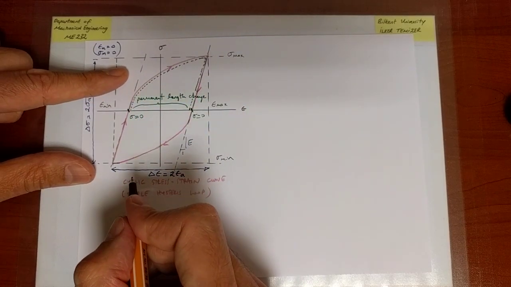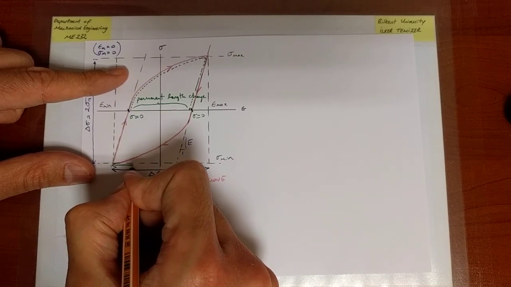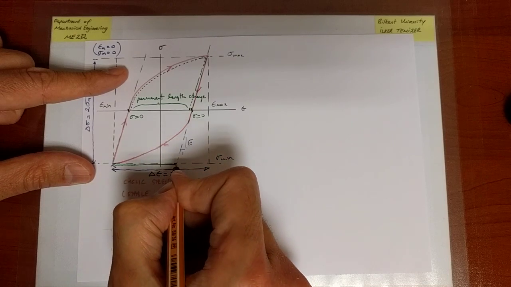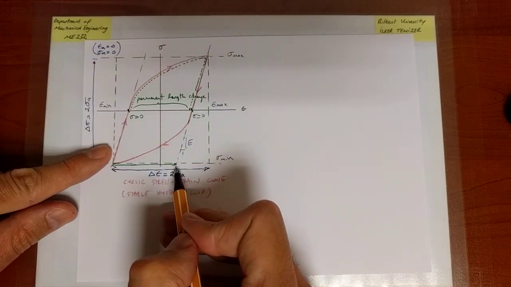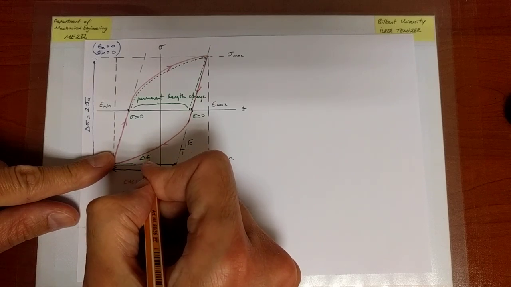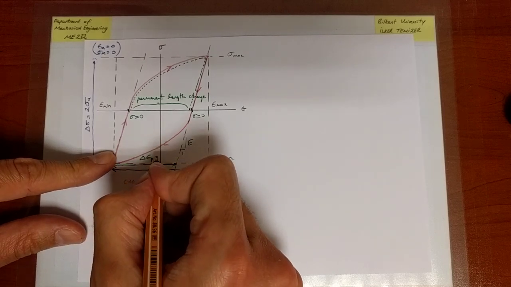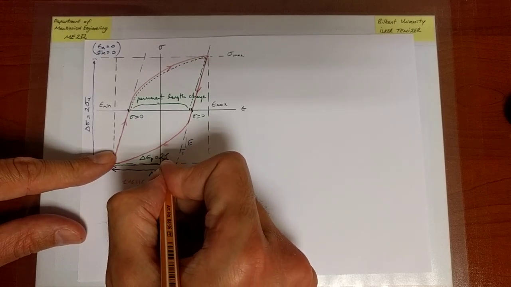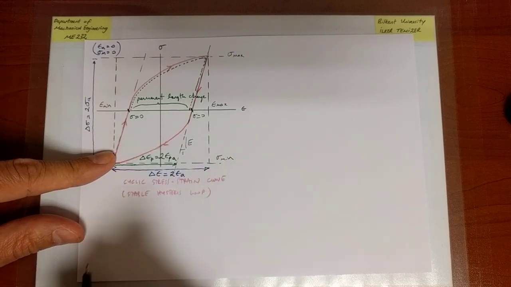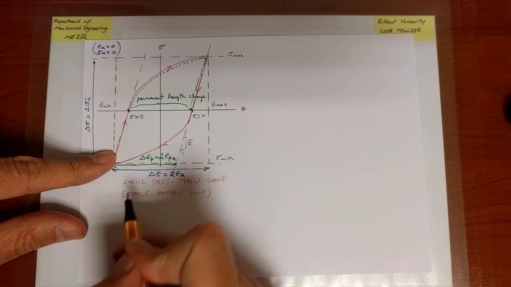And therefore, what we are going to now say is that this amount of the total strain is exactly equal to the range of the plastic strain. And the range is always twice the amplitude. So let's call that twice the amplitude of the plastic strain.